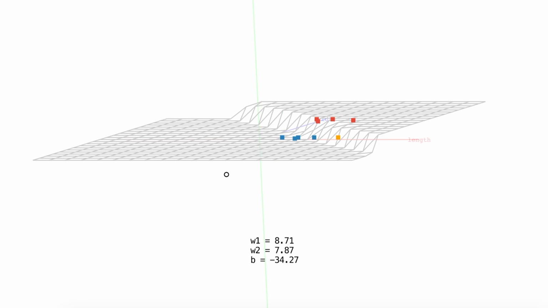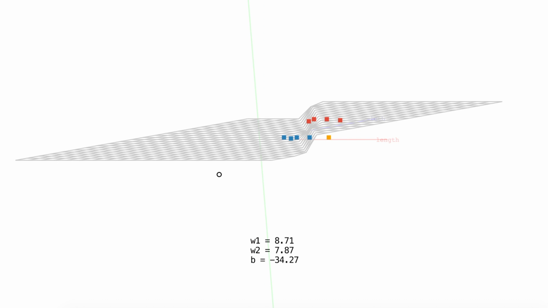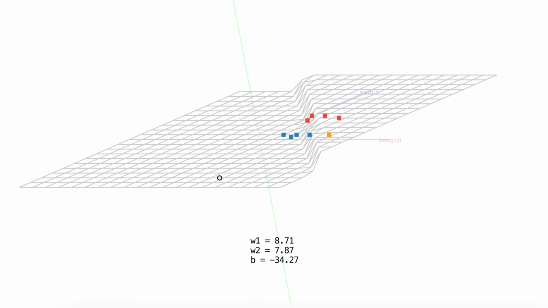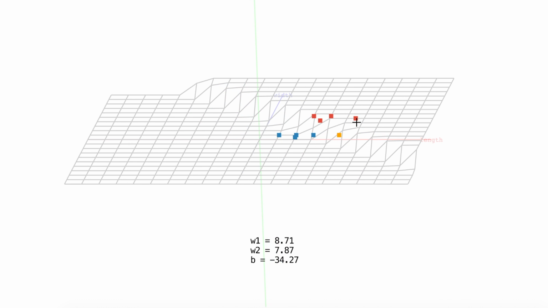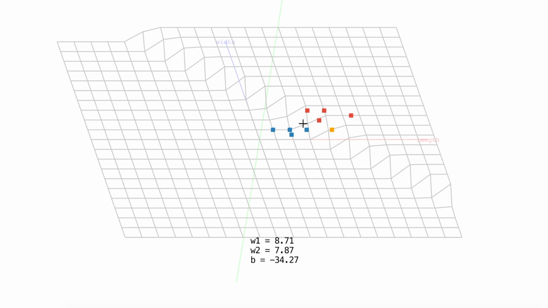So you can see, it's not exact, but you can see how the surface is trying to come up to meet these points. We want the network's output to be 1 for these feature values, and we want the network's output to be 0 for these feature values of the blue flowers.